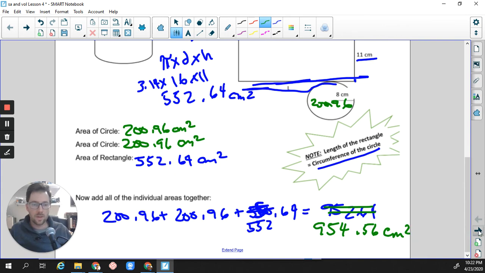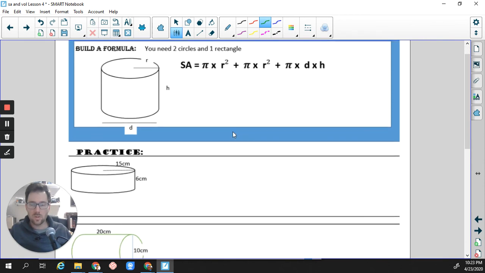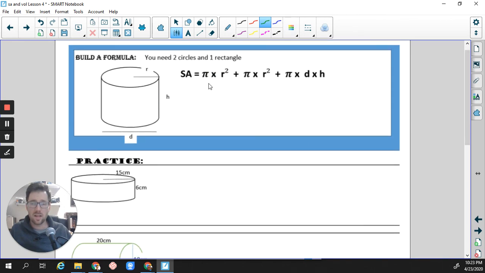So then from there, we're going to take a look from nets, and just like we did with everything else, switch it over and see if we can build a formula from that. So again, just like everything in surface area, there is a super long formula that we're going to use, but it's also pretty easy to find the numbers and punch them in. So let's give it a shot.